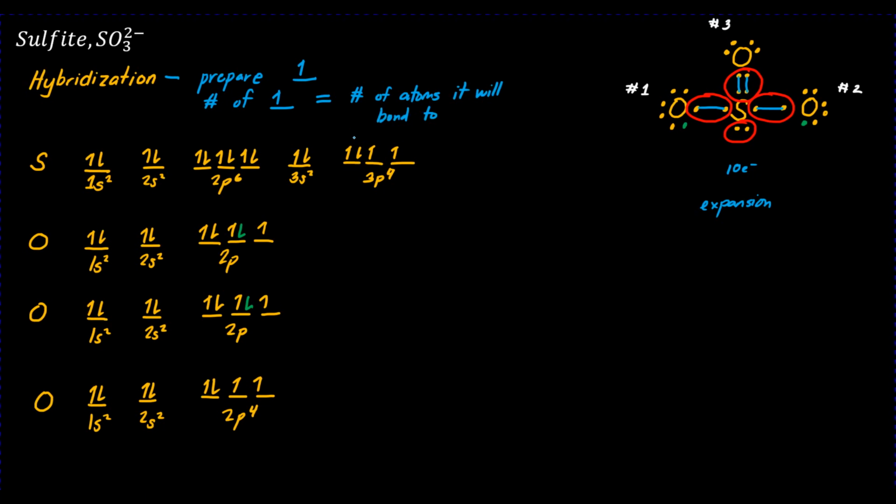What does that mean? Sulfur here only has 2 half-filled orbitals. It needs 3 half-filled orbitals because here it will bond to 3 oxygens.